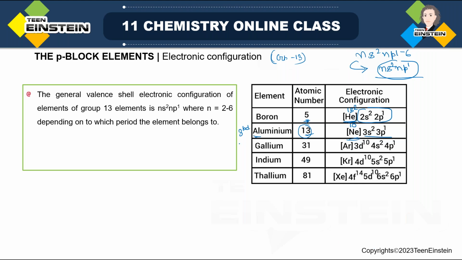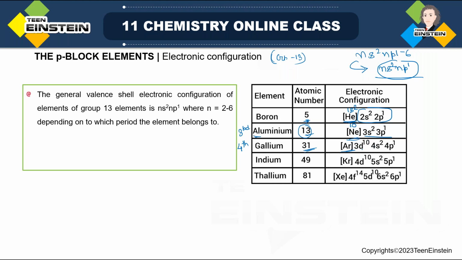Then as we are moving to the fourth period, it will be more complex. Now gallium 31. Now the last noble gas, that is argon, having 18 electrons. So after 18 electrons, if you do 31 minus 18, you will see there will be a total of 13 electrons more.